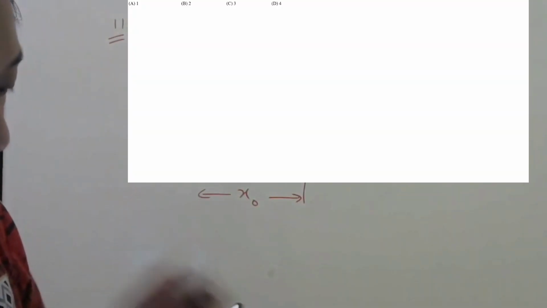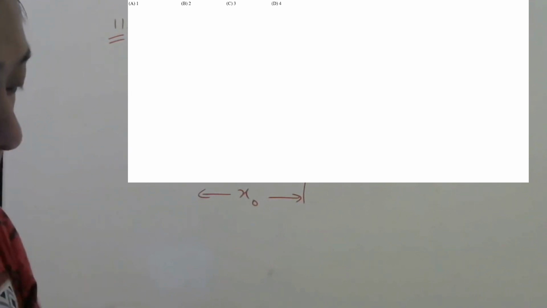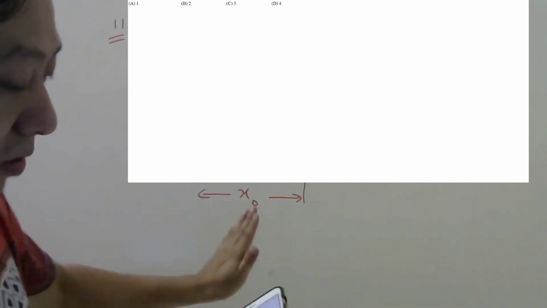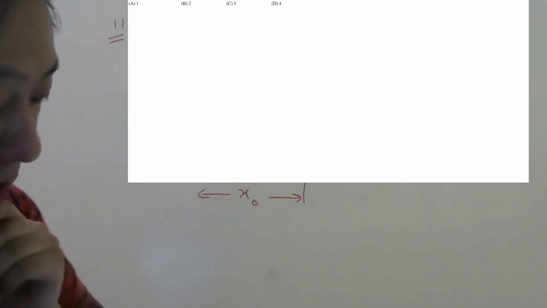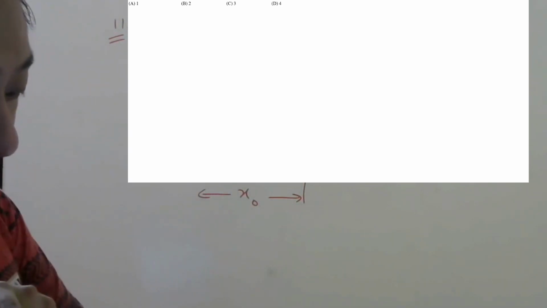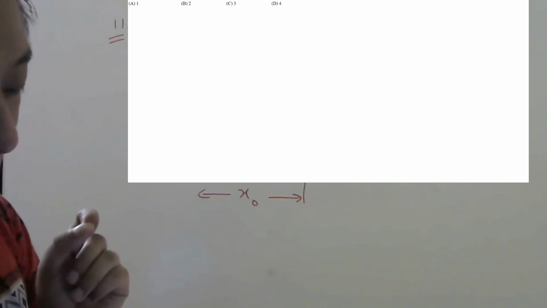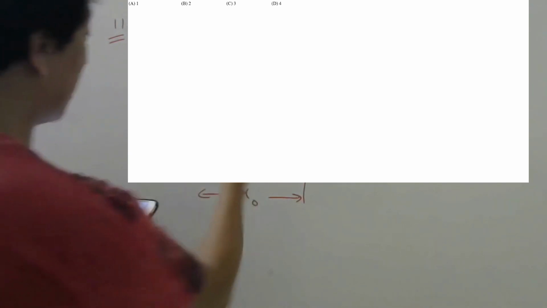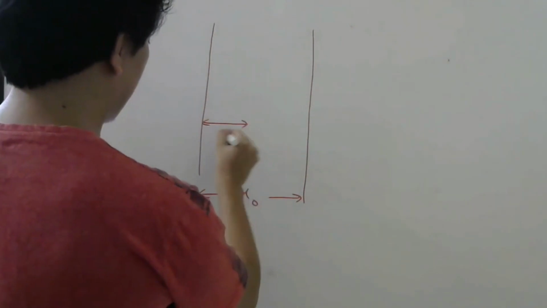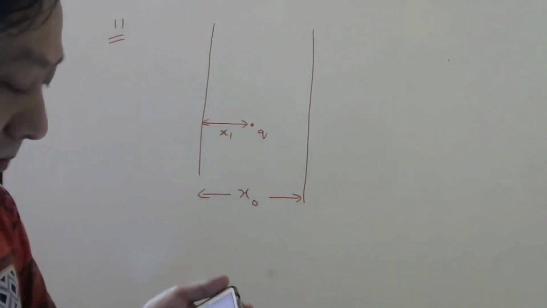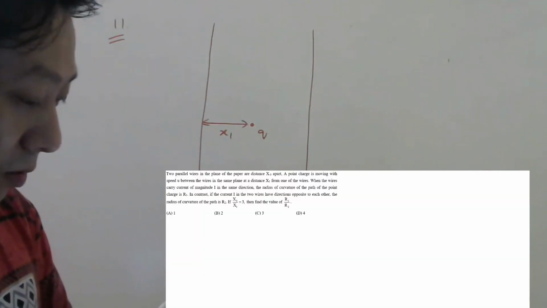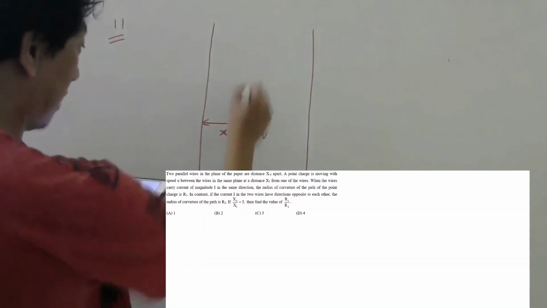A point charge is moving with speed u between the wires, in the same plane, at a distance x1 from one of the wires. Now which wire, they have not told. So at a distance x1, here some charge q is moving with speed u. And in what direction it is moving, they have not told.